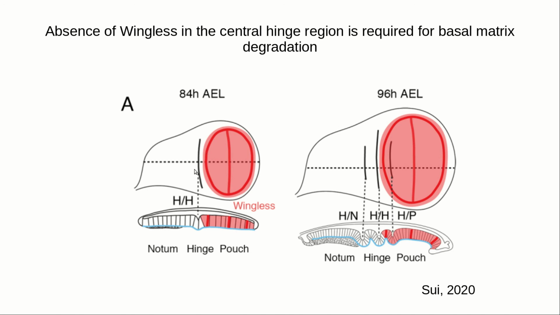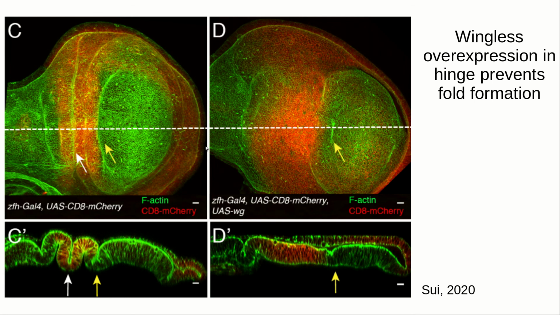Okay, so the hinge fold coincides with the place where there's no wingless signaling anymore. And actually, if you overexpress wingless in this hinge part, in the place where the fold is going to take place, wingless can repress the fold formation.